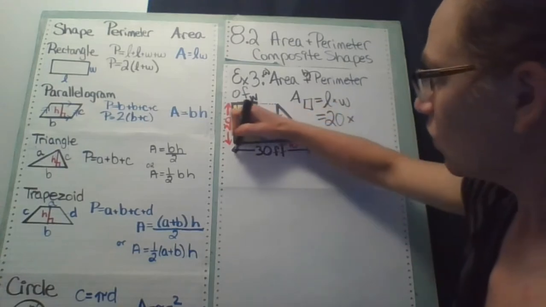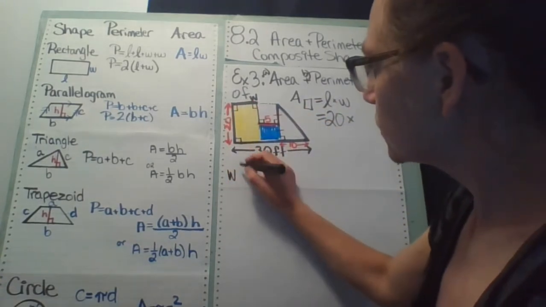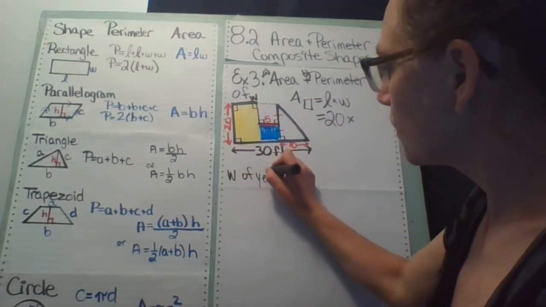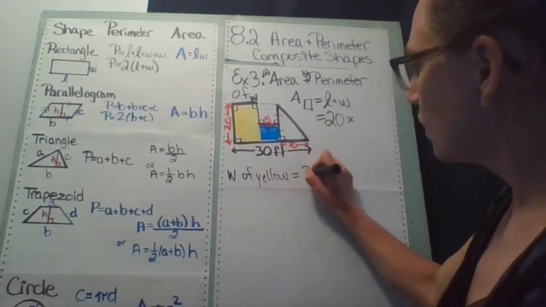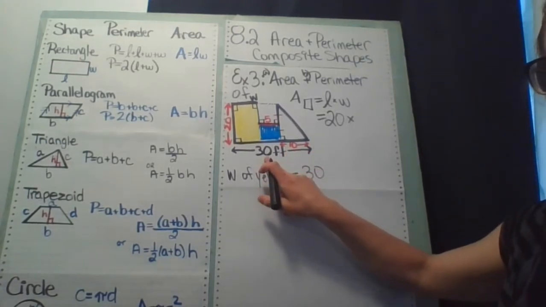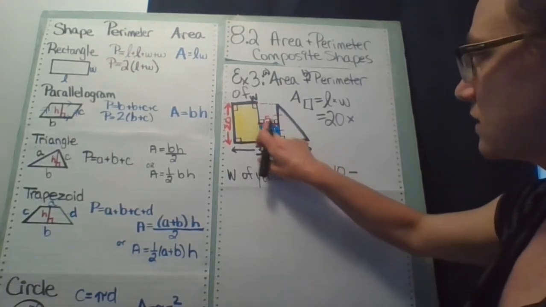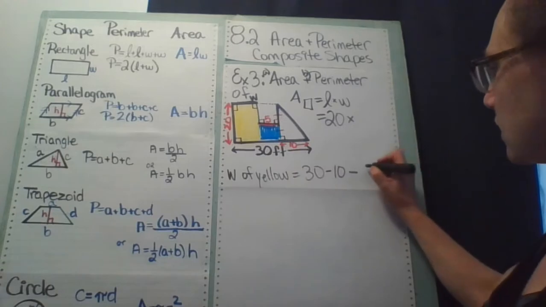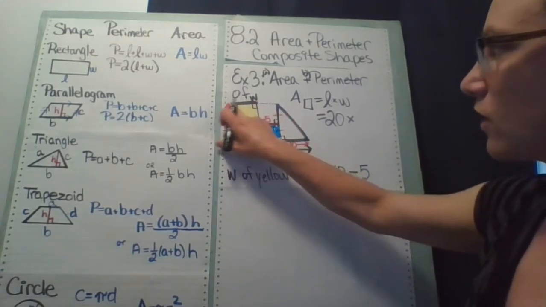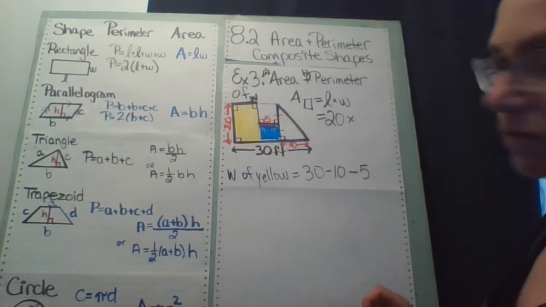Well, it's going to be my total 30, so the width of my yellow is my total of 30 minus the 10 from the triangle, minus the 5 of this little chunk here, and whatever's left over is going to go on the width of the yellow.